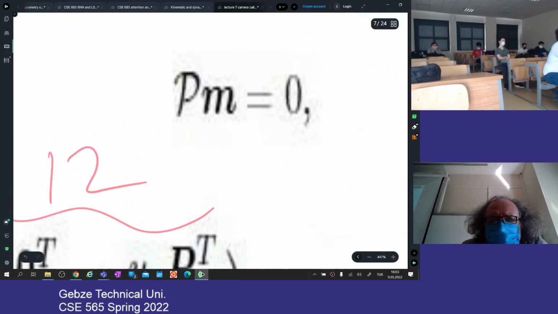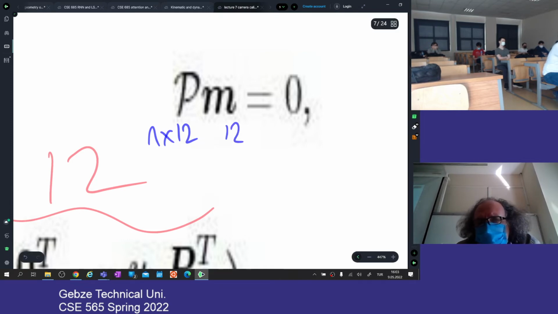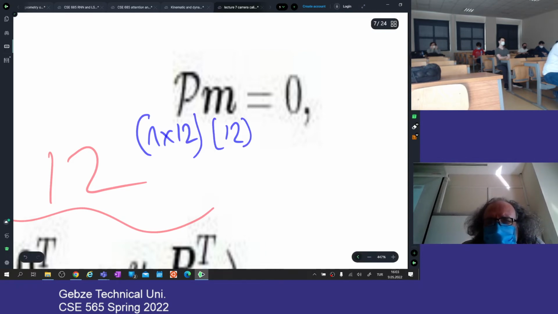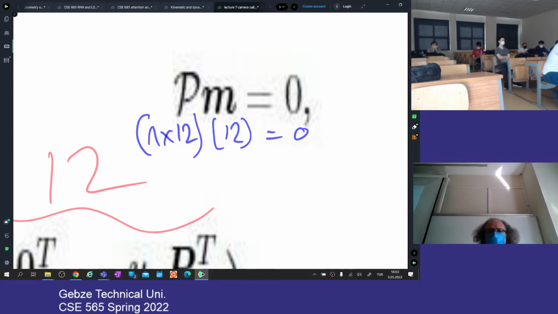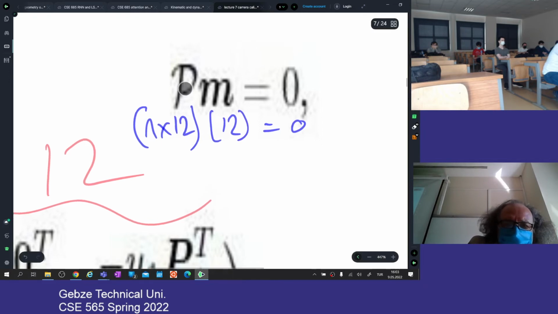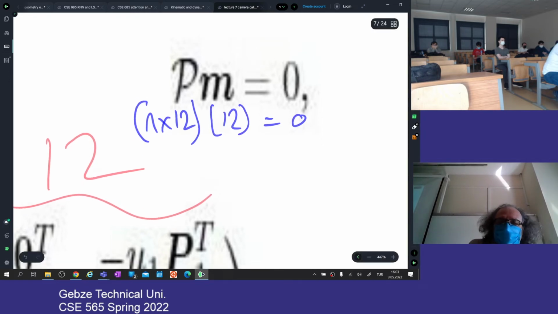This is an n by 12 matrix, and this is a 12-element vector, and I am going to multiply these and get zeros from the other side. I know all these P's. I don't know these M's, these 12 numbers.